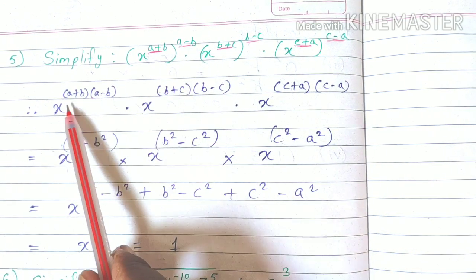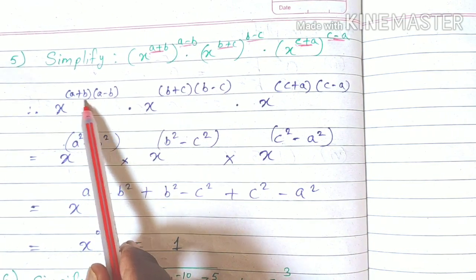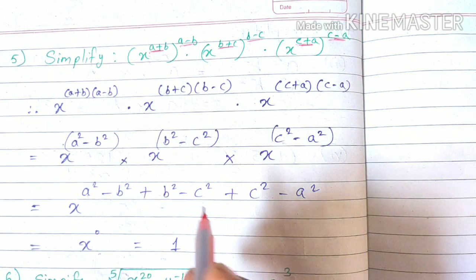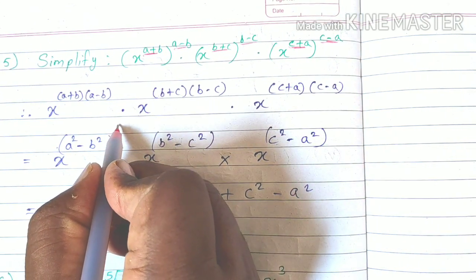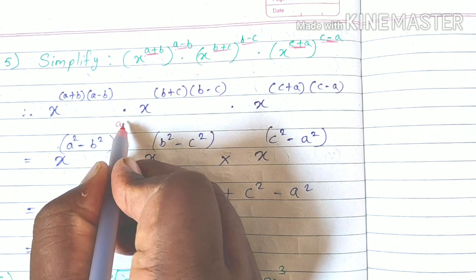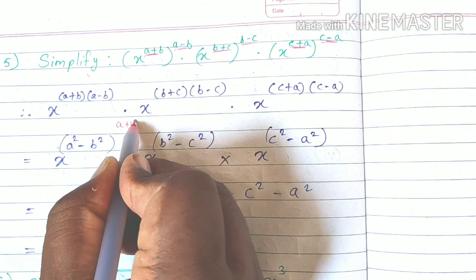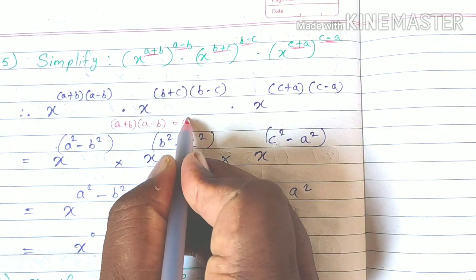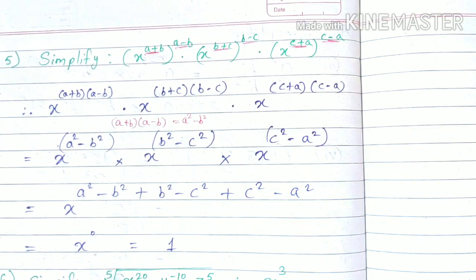In this step, for the powers, we can apply the identity. And what is that identity? a plus b times a minus b gives us a square minus b square.